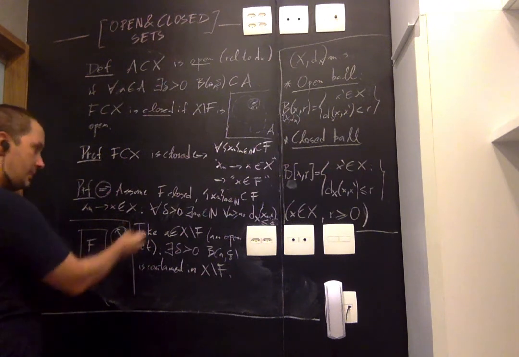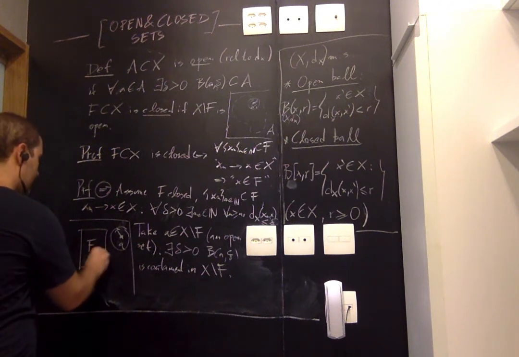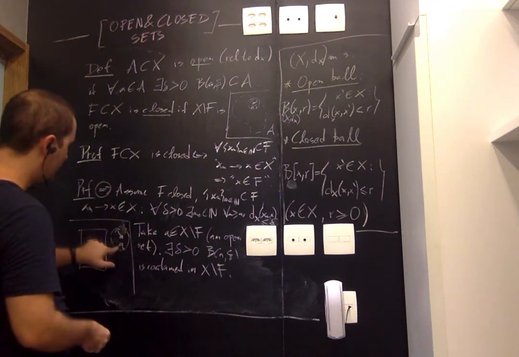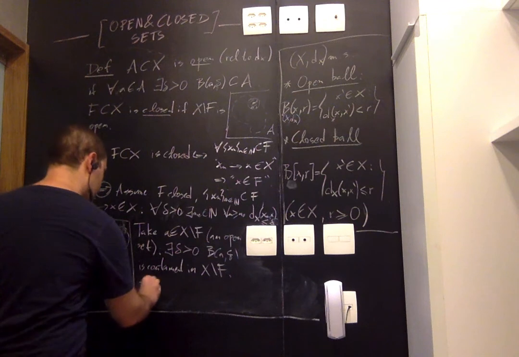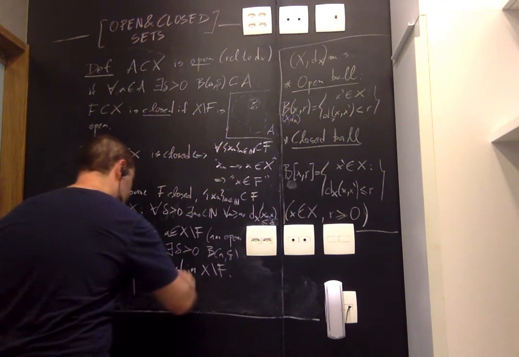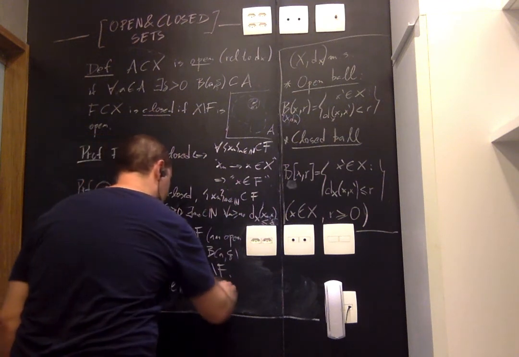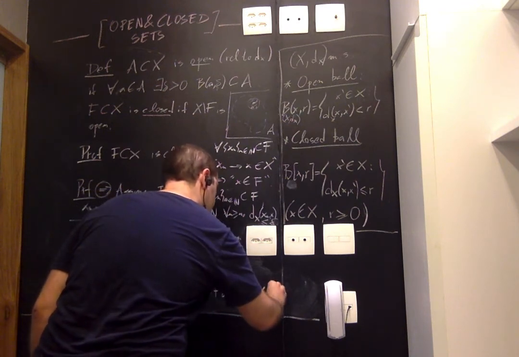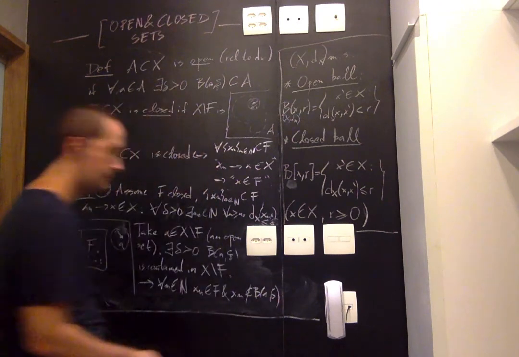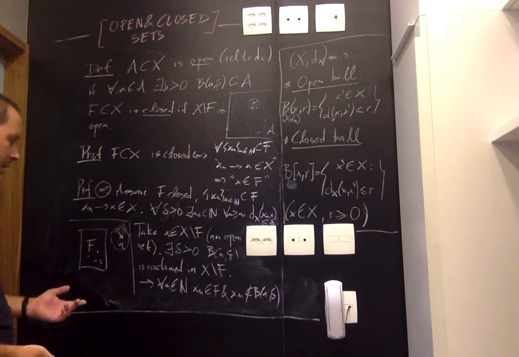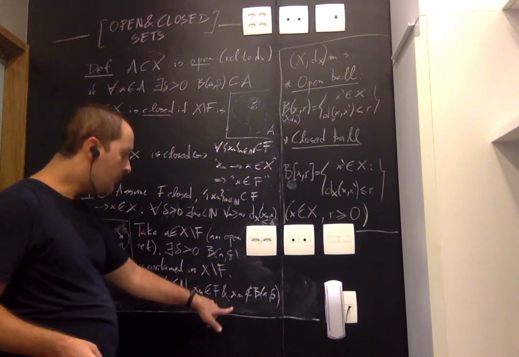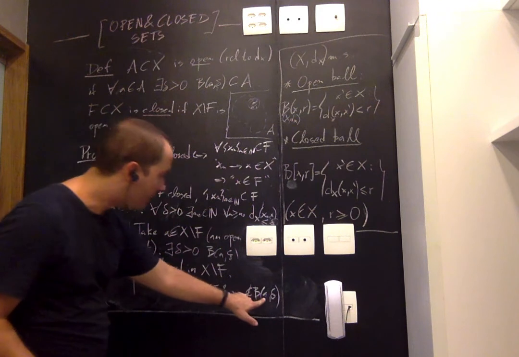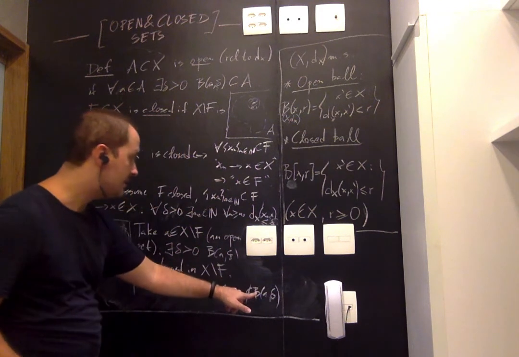And what does that mean in terms of our sequence? Well, our sequence is entirely inside of F, and that means the sequence cannot enter this open ball around a, right? So for all n, x sub n belongs to F, and x sub n does not belong to this ball. That means that no term of my sequence whatsoever can be at distance less than delta from a.